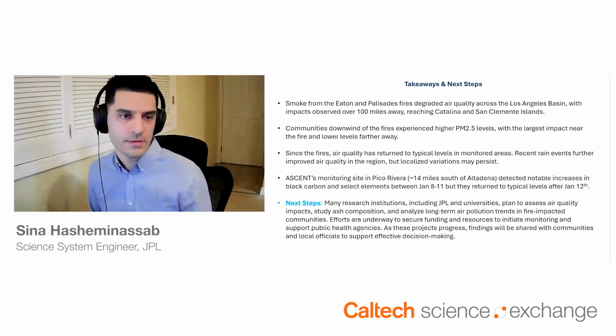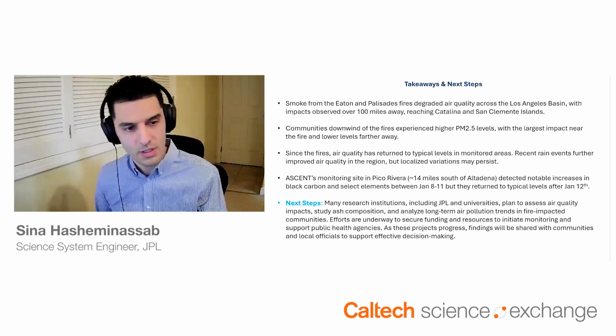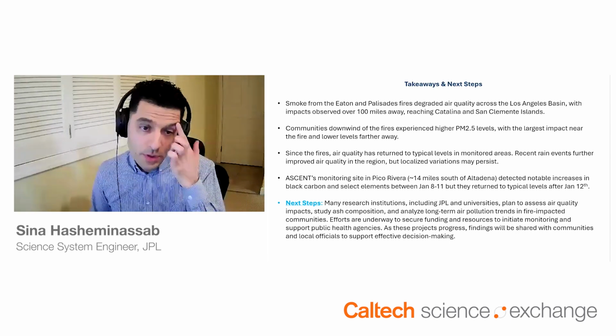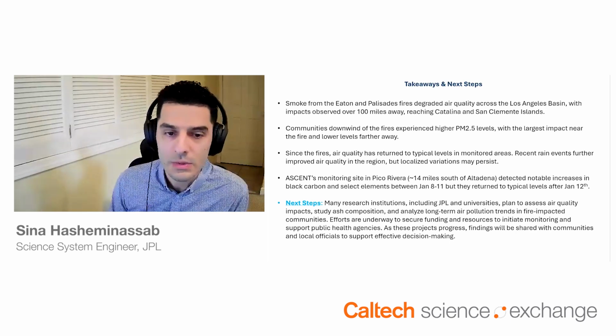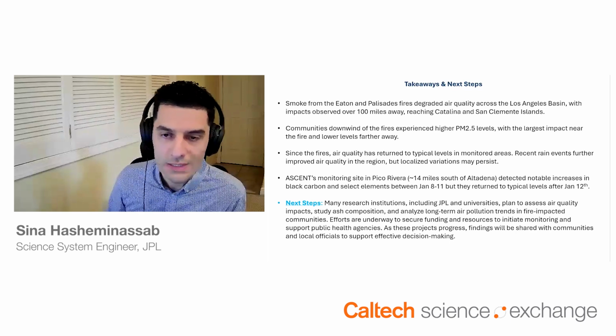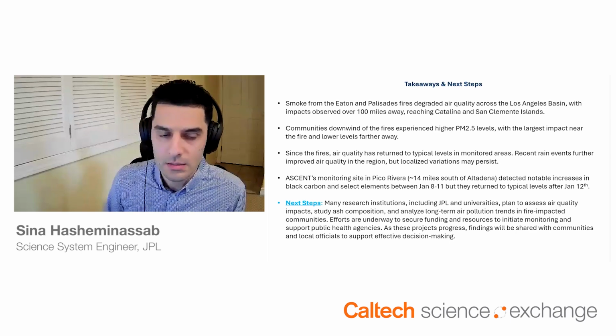Thanks, Haroula. In the interest of time, I'm going to skip the first couple of bullet points, which are essentially a summary of what we just presented, and just focus on the last bullet, which is about the next steps. So there are many research institutions, including JPL and several universities, that plan to assess air quality impacts, study ash composition, and analyze longer-term air pollution trends in the fire-impacted communities.